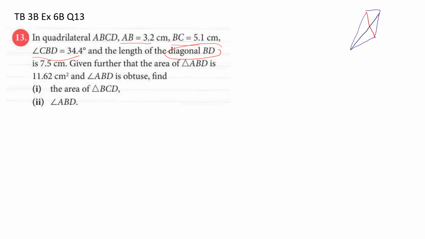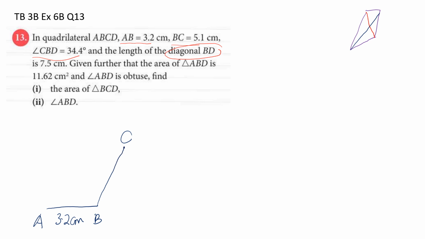Okay, so we draw the smallest side first, which is AB, 3.2. Let's make that our base. The order is important: A, B, C, D. After you have drawn A and B, the next point will be C. Supposing we don't know where point C is, we just put point C here and join it up.